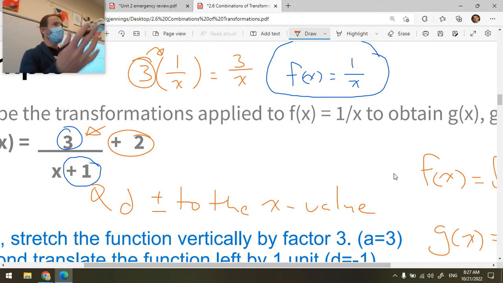When you see something multiplying the whole function, in there happily in brackets, and the multiplication is happening outside, that's an A transformation. That multiplies the output, multiplies your Y values. If you had in here something like bracket, 6, this multiplication is happening directly to the X value. That's a K transformation. We don't have one of those here. That's why we only had 3 transformations for this example.